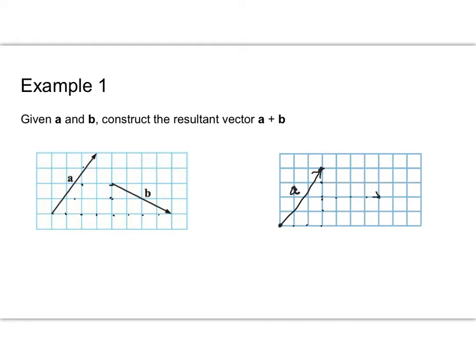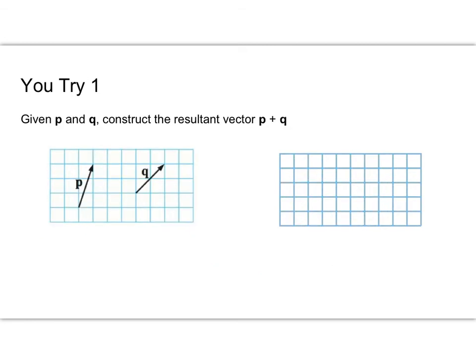So vector B is going to need to end there, and that's vector B. Okay, so A plus B, let's change colors, starts here at the beginning and ends at the end of vector B, or at the arrowhead. So that is vector A plus vector B. And A plus B is my resultant vector. Kind of like result, haha. There we go.